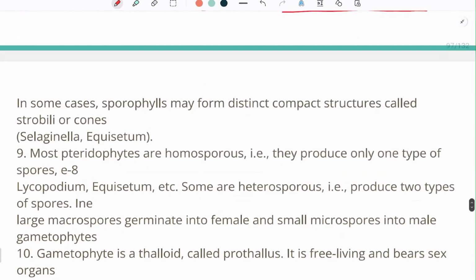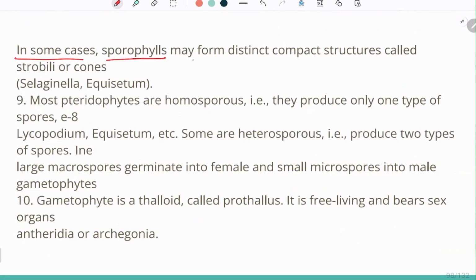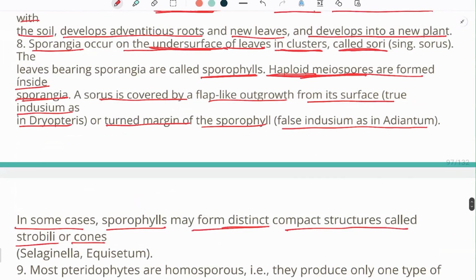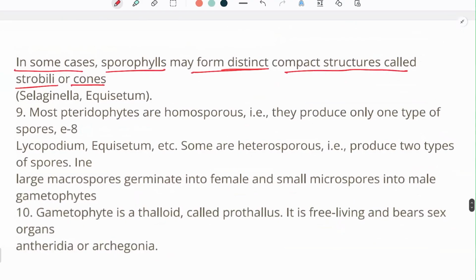Now, in some cases, sporophylls may form a distinct compact structure called strobili or cones. We have seen that in the case of Adiantum the sori are present, but in the case of Selaginella and Equisetum, cones are formed. A conical-like structure is formed right at the top of the leaf-bearing stem.